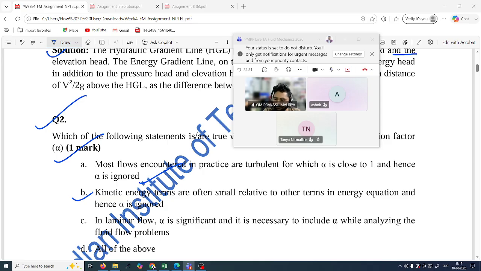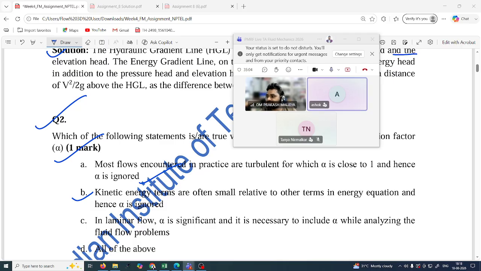Just read the question and try to recall the concept from your NPTEL course and write your answer in the chat box. Okay, so Tane is also telling option D is correct.